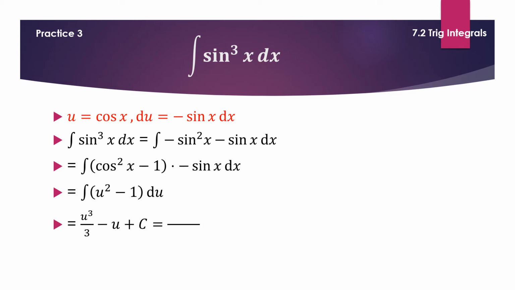Calculate the integral. We have u cubed over 3 minus u plus c. And substitute cosine x back. We'll have cosine cubed x over 3 minus cosine x plus c.